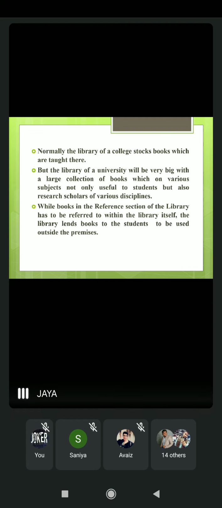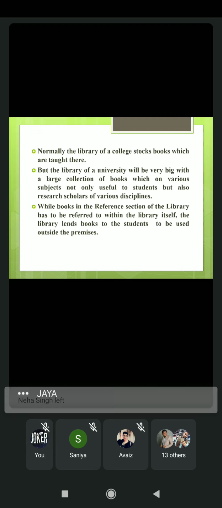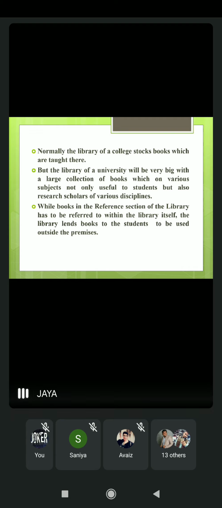If it is a college library, the textbooks of the subjects which are being taught over there are kept in that library. But when we talk about the library of a university, for example, Karnataka State Law University, since it is a law university, it doesn't mean that it has to keep only law.